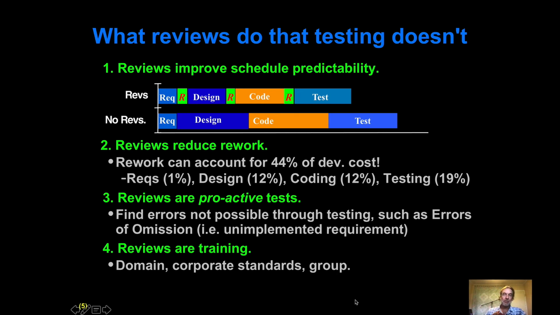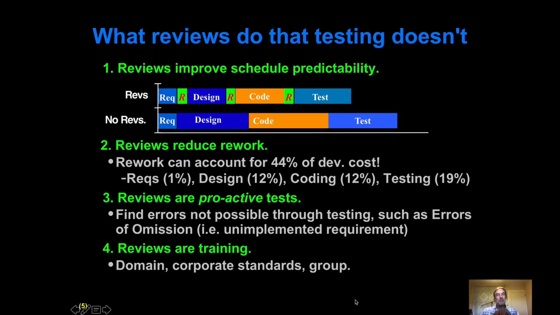And then if you do a review at the end of the design phase and detect and remove errors from your design, then the coding phase is shorter, because during the coding phase you're no longer discovering those design problems and having to remove them via changing your code. And similarly, if you do a review during the coding phase, then the testing phase takes less time because you're detecting fewer errors through your tests and avoiding rework.